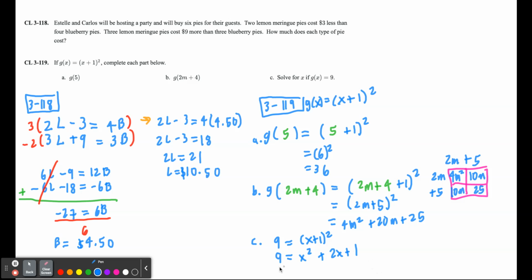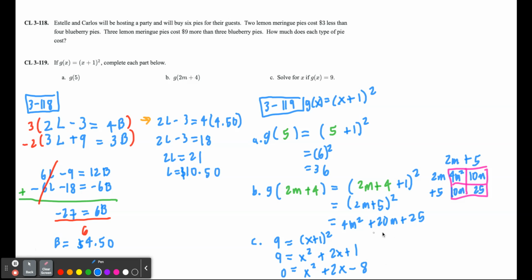And then you subtract 9. And then this doesn't factor. You'll have to use like the quadratic formula.